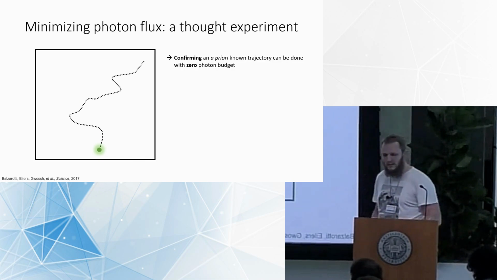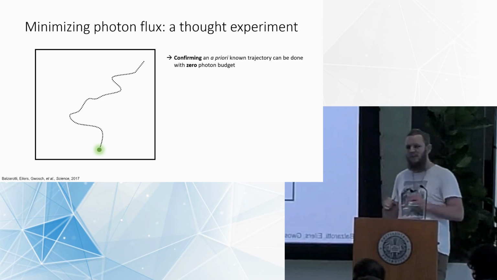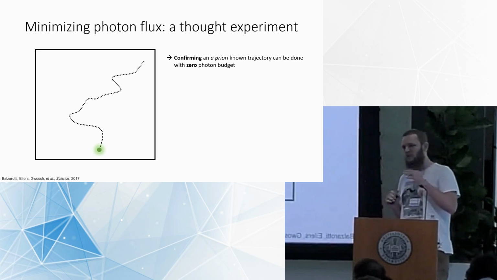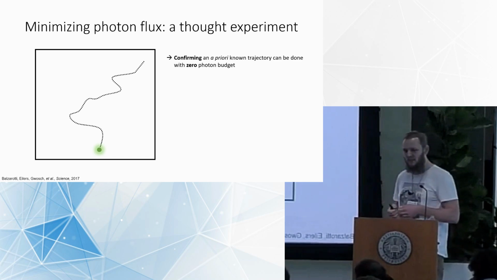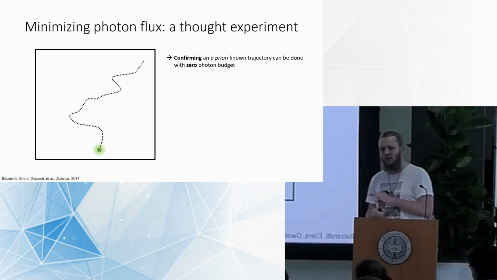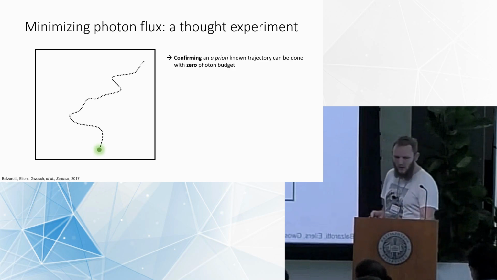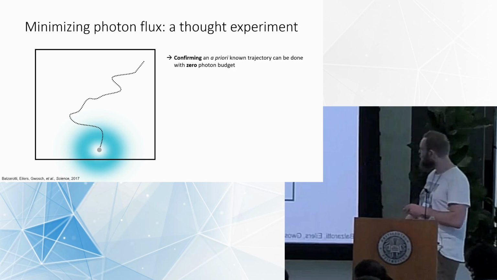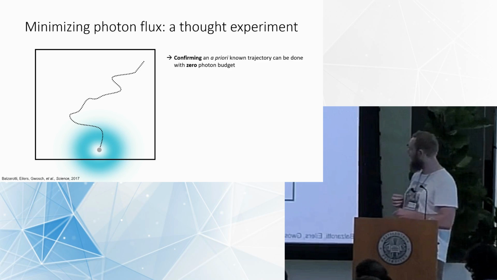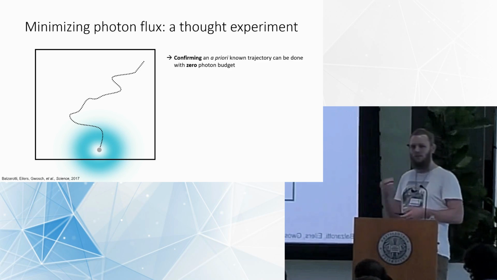The point I want to make is that if we were to know exactly the trajectory that this particle takes, we can confirm it experimentally without investing any photons at all by using a donut-shaped excitation beam. So we use this light pattern of excitation that has a central minimum where the fluorophore is not excited.